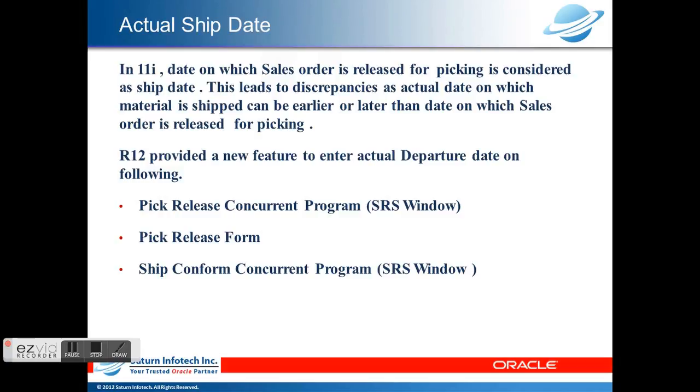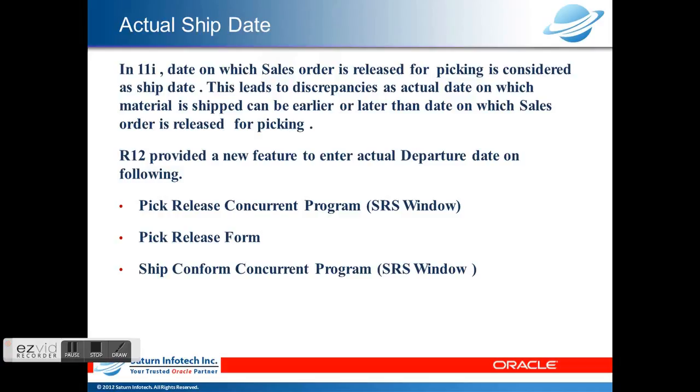So in 12, to overcome this problem, different forms and different programs have been given an additional field called actual departure date, and that is the date one can fill in to indicate that this is the date on which the shipment actually happened or is going to happen.